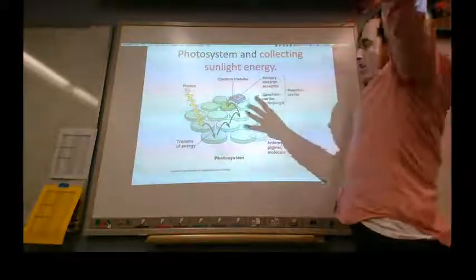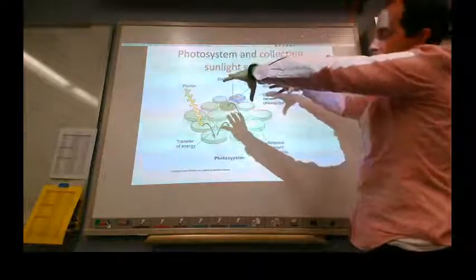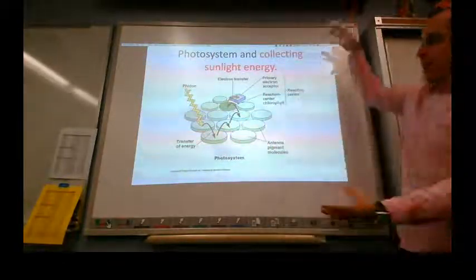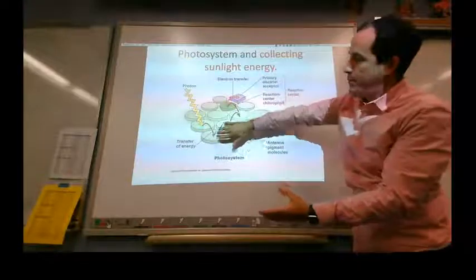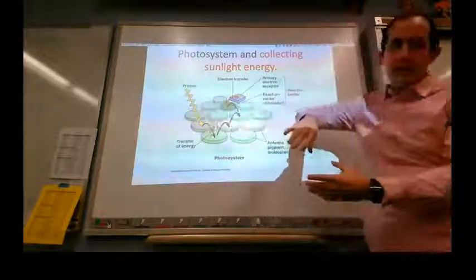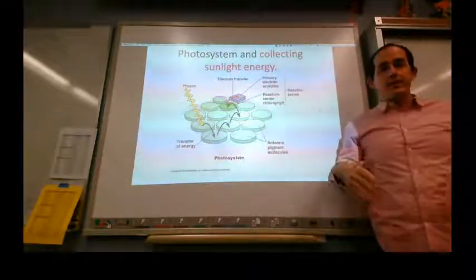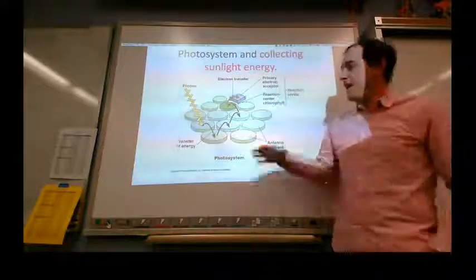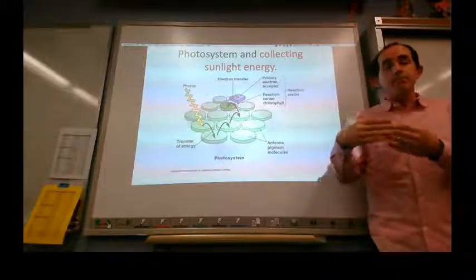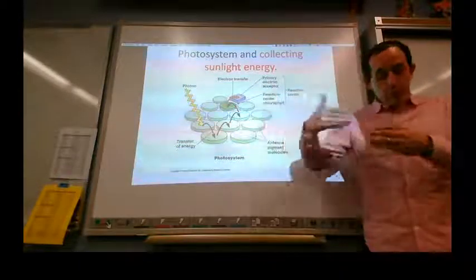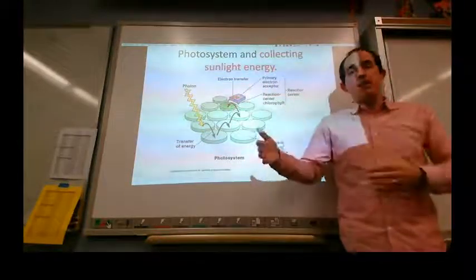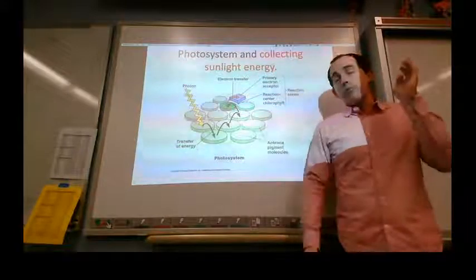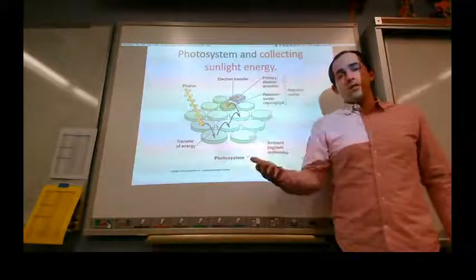As all of that energy from the sun is absorbed by all of these chlorophyll molecules, all of those electrons are going to become really excited and start spinning, and they're going to move through a series of proteins to go from one place to another.